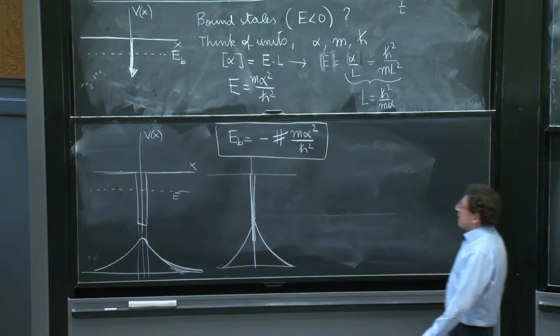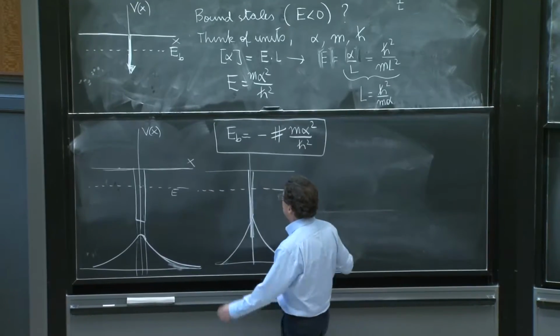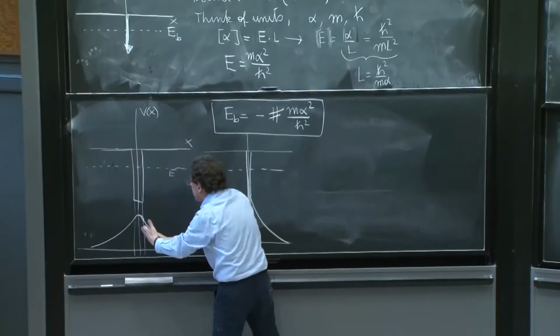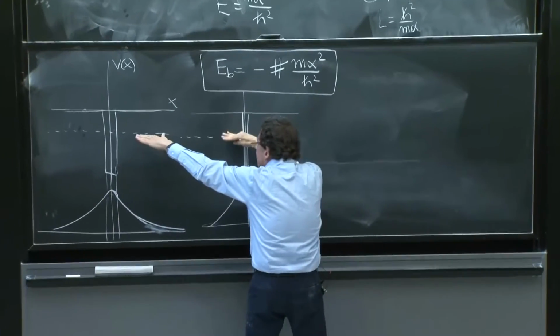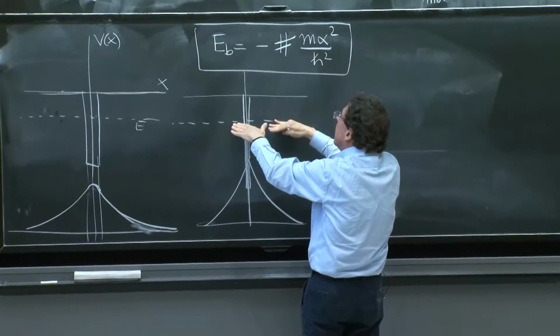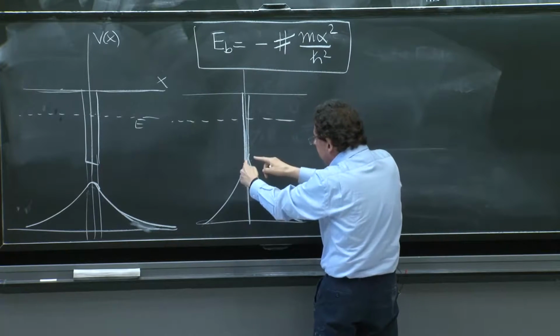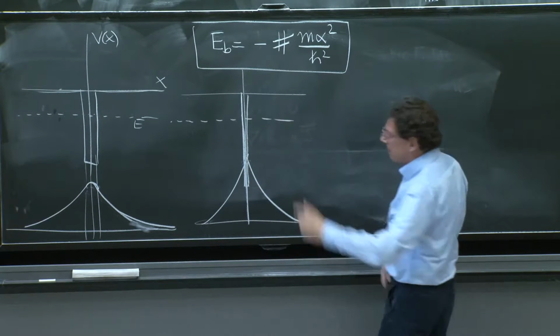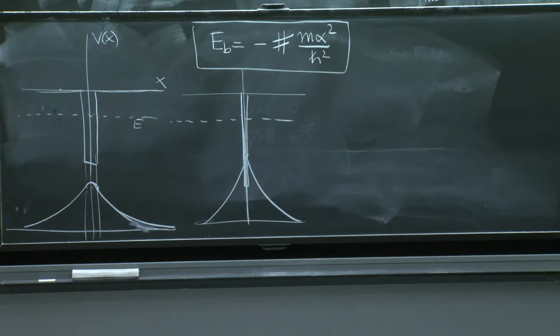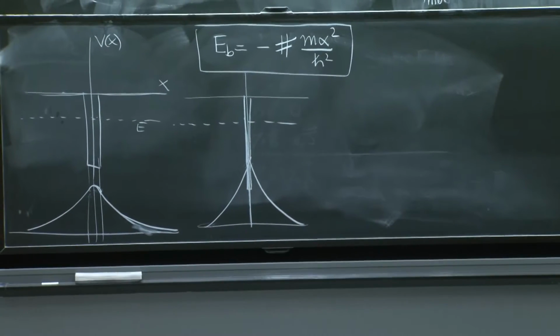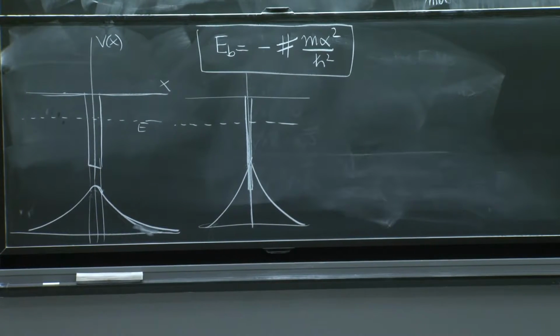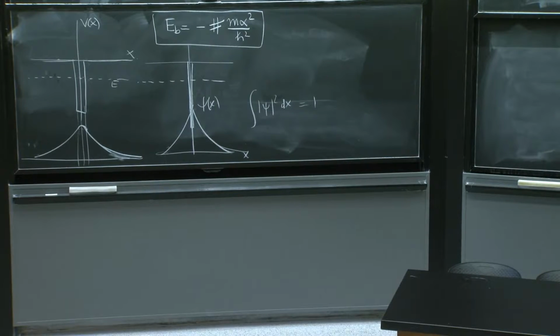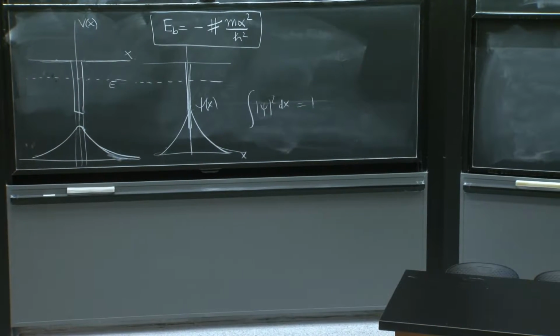So if this bound state exists, as you approach the limit in which this becomes a delta function, the energy moves a little, but it stays finite at some number, and the curvature that is created by the delta function is not visible, and the thing looks just discontinuous in its derivative. So this is an intuitive way to understand that the wave function we're looking for is going to be discontinuous in its derivative.